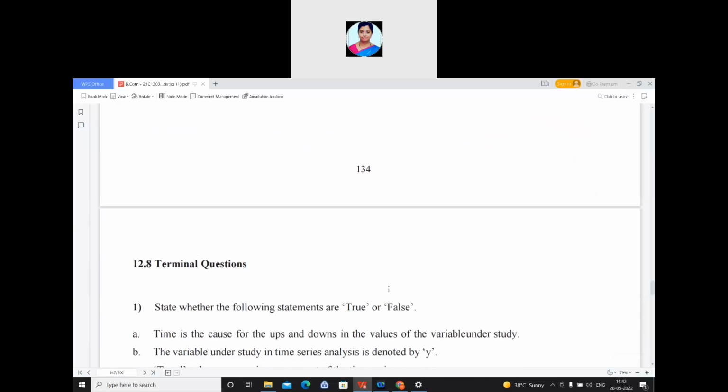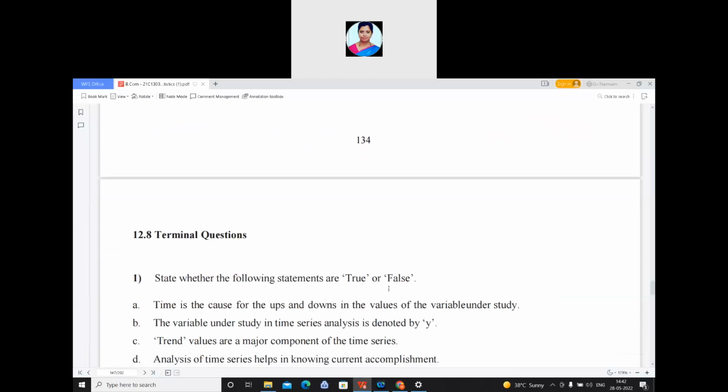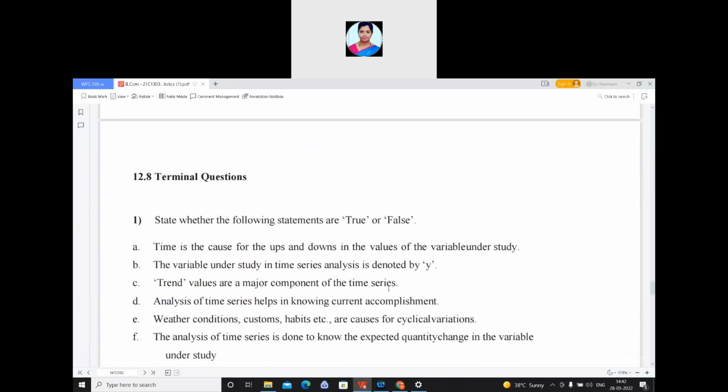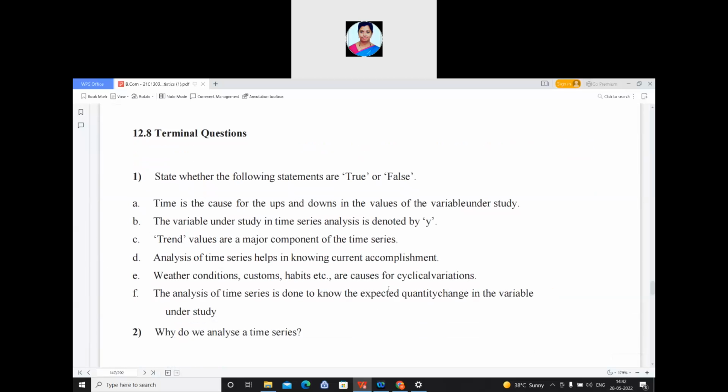And the terminal questions we have, we can practice these questions to see how far you have understood this unit. State whether the following statements are true or false. This is A to F. First, A: time is the cause for the ups and downs in the values of the variable under study.